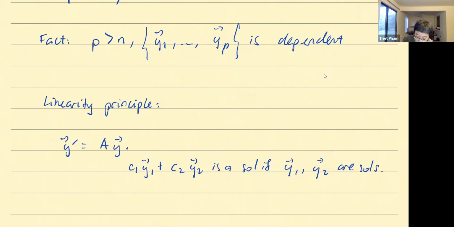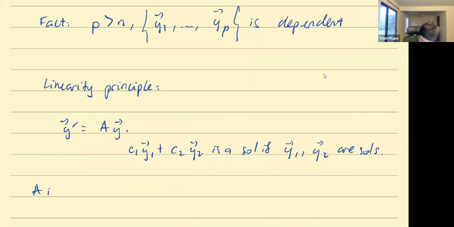So let's say that A is a 2 by 2. Then what this observation tells you is that first of all, you just need to find y1 and y2 as two solutions that are independent.